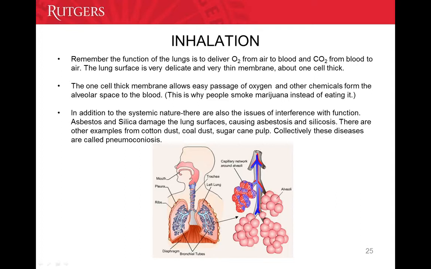In addition to the systemic nature, there's also the physical challenge with inhalation, where you just have particulate matter or a chemical from an industrial process like silica or asbestos, and they damage the lung surfaces, so you get asbestosis or silicosis.